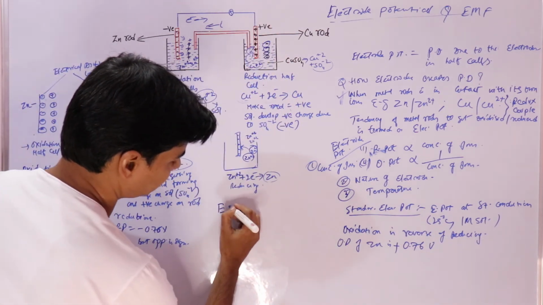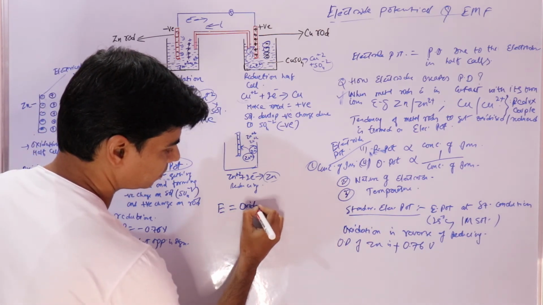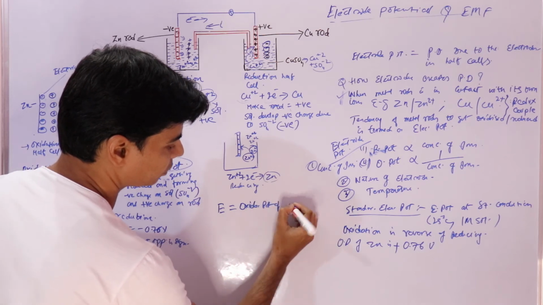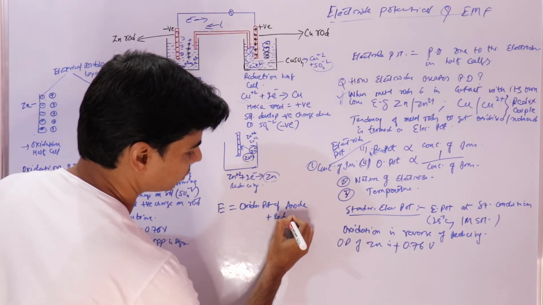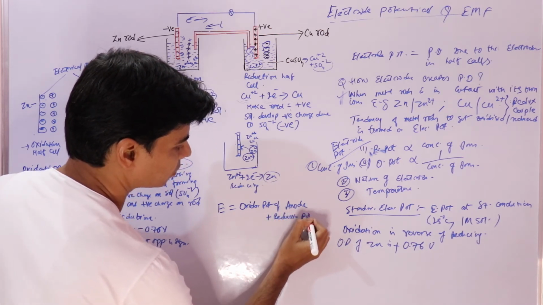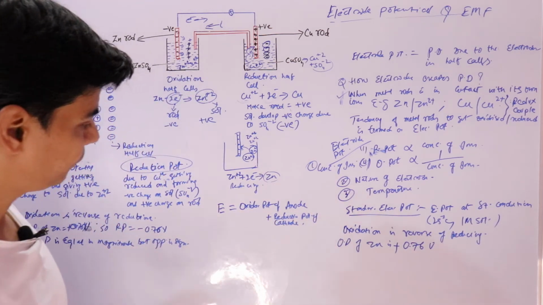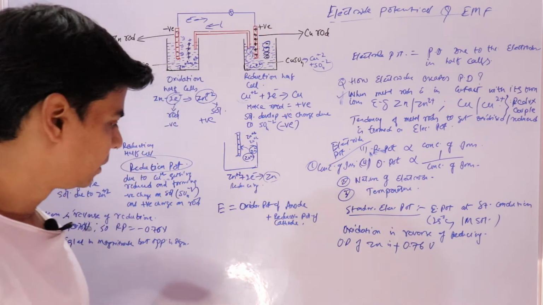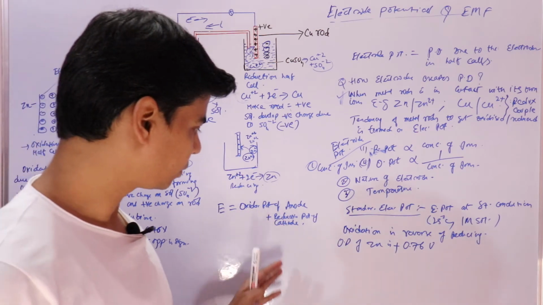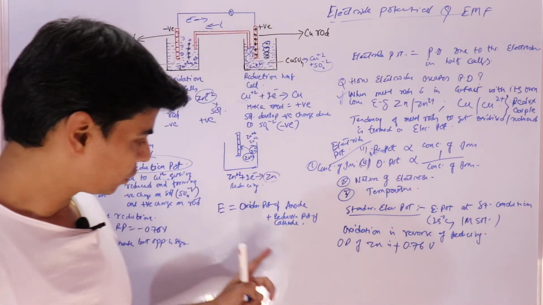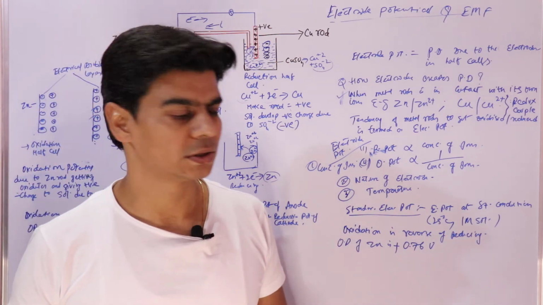E would be oxidation potential of anode plus reduction potential of cathode, right. This is EMF. So oxidation potential, and we have just done that. What is the relation between oxidation and reduction potential? Oxidation potential would be equal but opposite in sign to reduction potential, right.